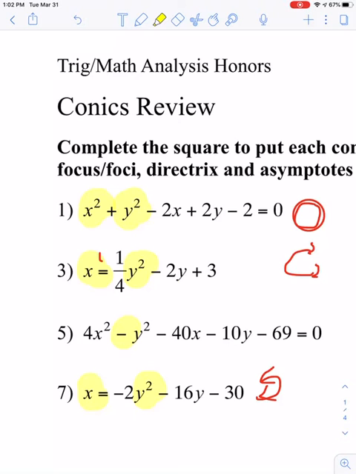Just by glance, y is negative, x is positive, positive 4, negative 1. x is positive, therefore this hyperbola should open right left. That might change depending on what happens after you complete the square, but just from looking at it at a glance, this would be a right left hyperbola.